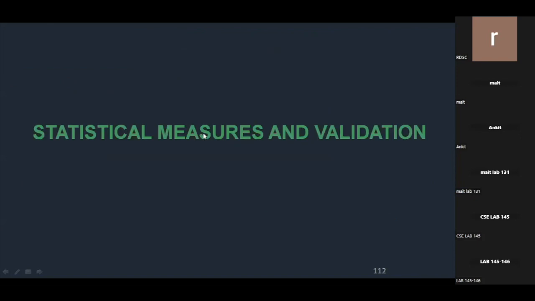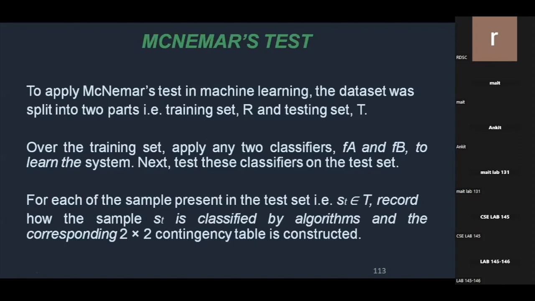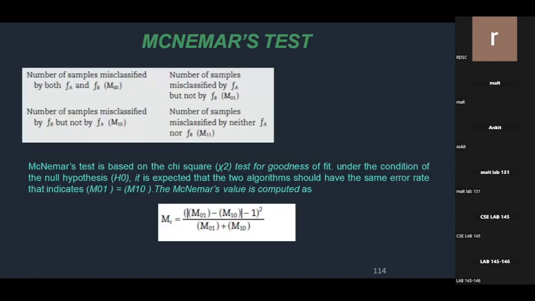Once we are done, we have to prove our classifier with statistics. Is there a statistical validation? Yes, we applied the McNemar test to prove that our classifier is performing well. This McNemar test is meant to compare the performance of two classifiers, and it is a well-known measure to compare classifier performance.